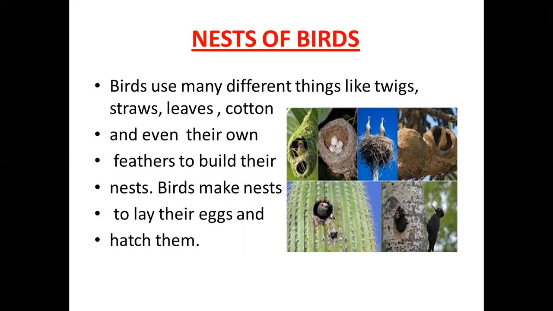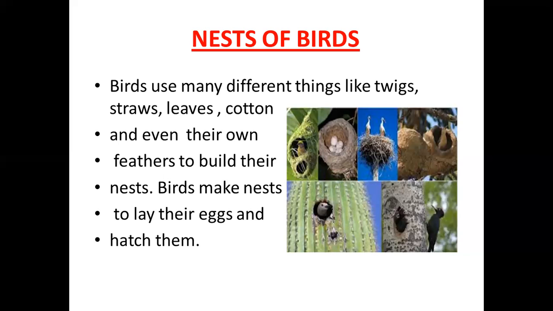The materials used for making the nests also vary as per the nesting habits of different birds. Birds use many different things like twigs, straws, leaves, cotton, and even their own feathers to build their nests. Birds make their nests to lay their eggs and to hatch them.